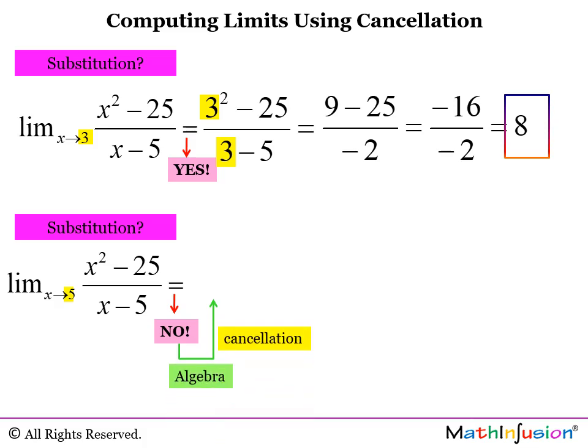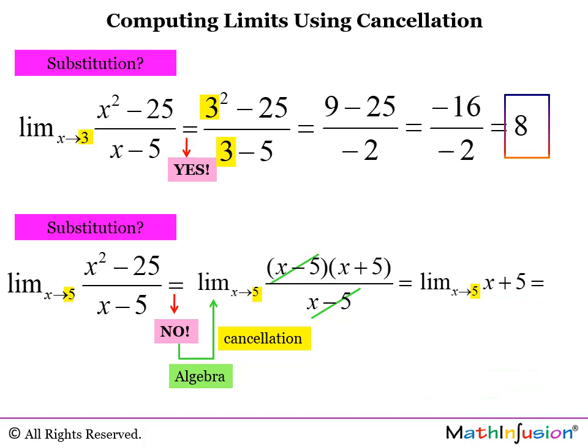In this case, we can use what we call cancellation. We write x^2 minus 25 as the product of the terms x minus 5 and x plus 5. Now it's a cancellation. And we get that this is the limit as x approaches 5 of x plus 5. Now we can substitute, and we get 10.